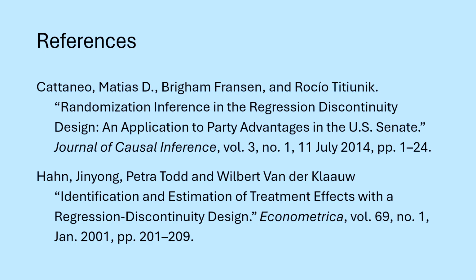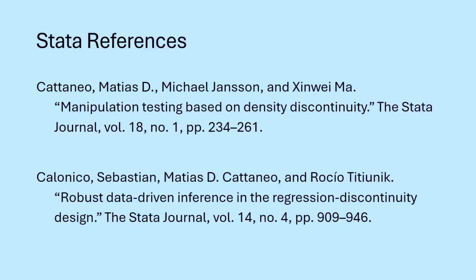And so if you'd like to, I would recommend some of the references that I've placed here. These are references that I would describe as advanced for an undergraduate level. But if you dig into them, you will absolutely learn something. So here are some references that are more of the paper style. And then here are some references going more through the Stata code.